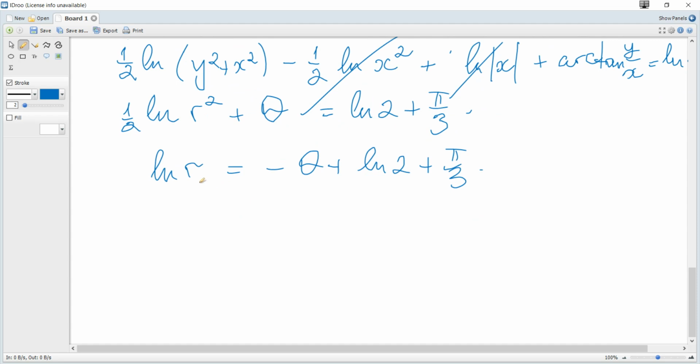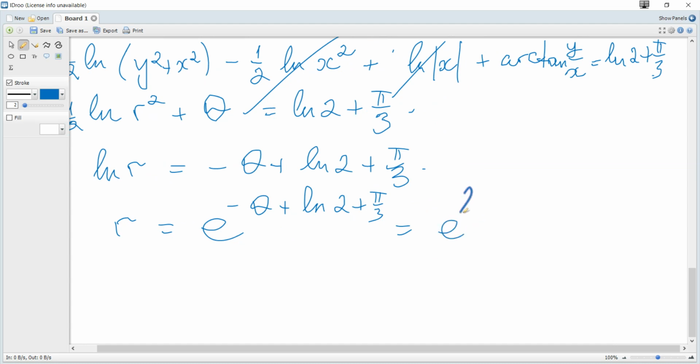Since we need r, let's undo ln: by definition r is e to the power of minus theta plus ln 2 plus pi over 3, which is equal to e to the power of ln 2 multiplied by e to the power of pi over 3 minus theta. Just apply the rules for powers, and e to the power of ln 2 is 2, multiplied by e to the power of pi over 3 minus theta.